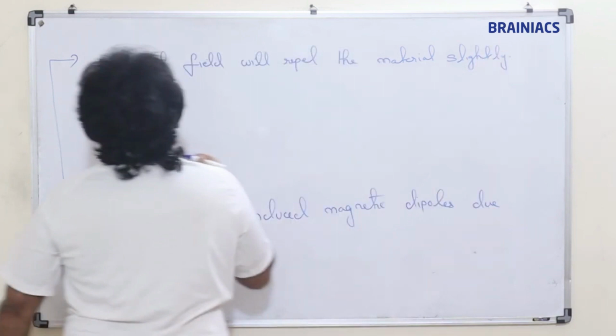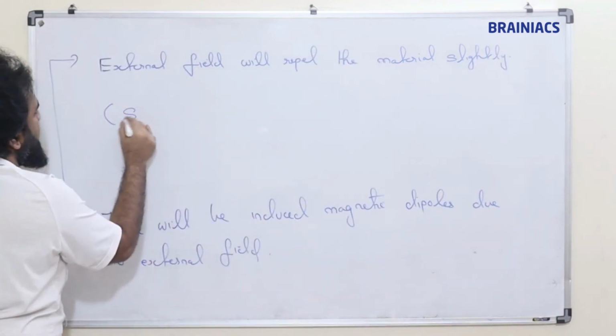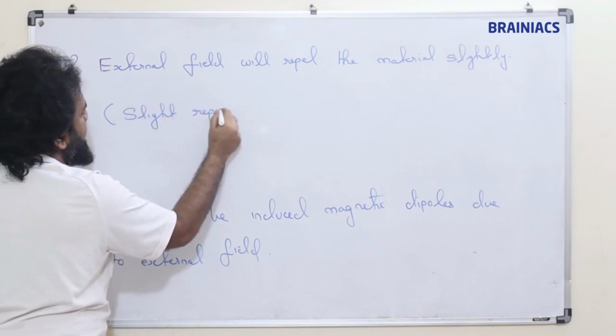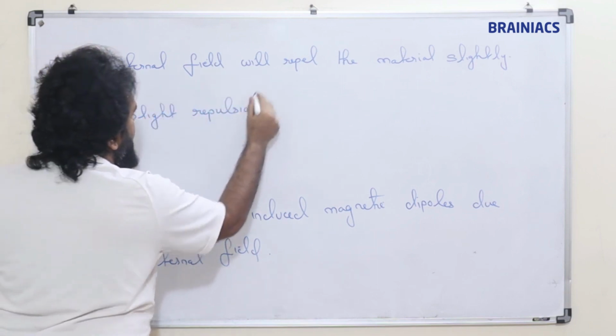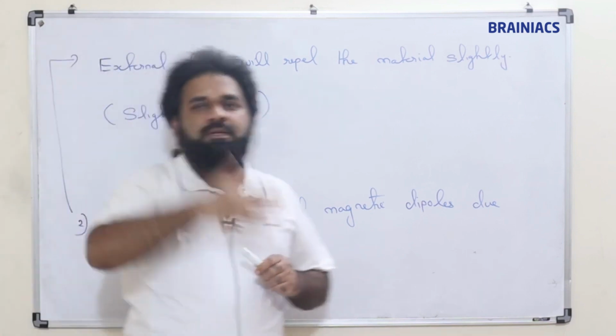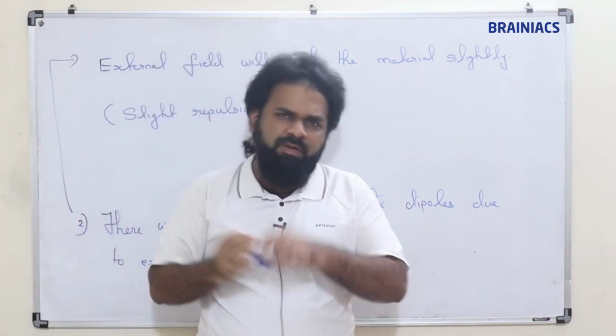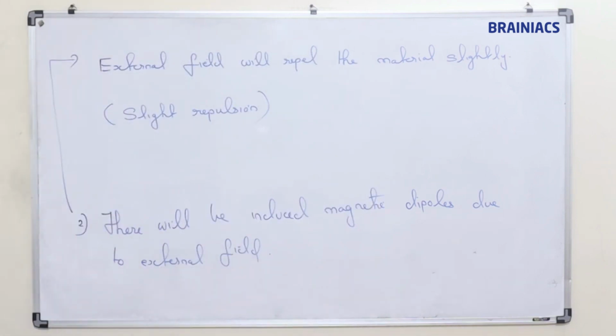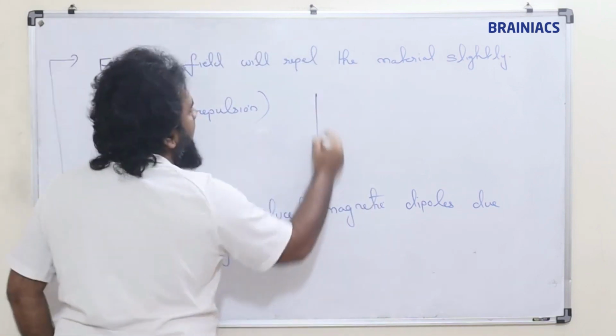So slight repulsion will be there, because one field is in this direction, another field is in this direction, but very small value. So note it down.